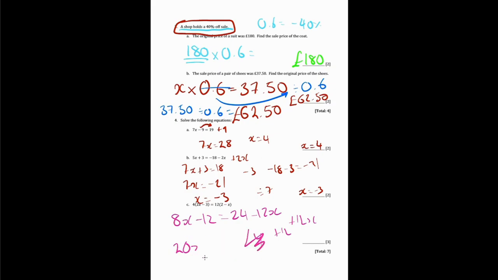Let me rub it out. So 8x plus minus 12 equals 24. Plus 12 each side, 8x equals 36. And 36 divided by 8 equals 4.5. x equals 4.5. Those are quite simple, so I did that a bit quick.